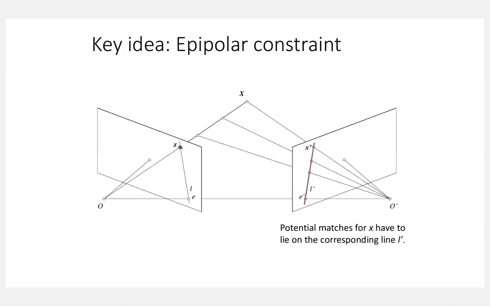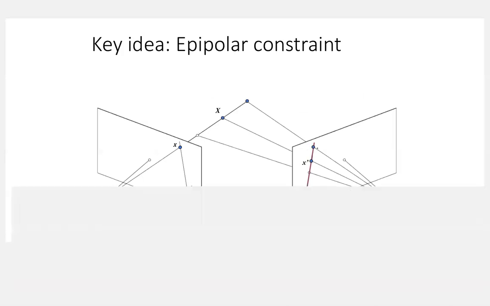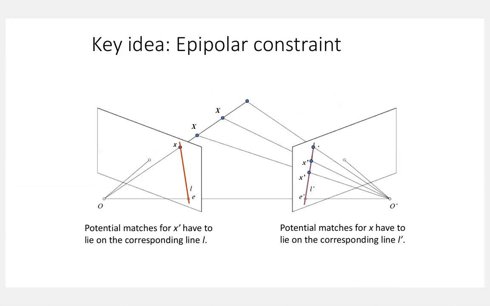If I see a point in the left camera, we can only find it as a line in the right camera. That is the epipolar line. And similarly, if I see a point on the right camera, I can only find it on some line in the left camera, also an epipolar line.